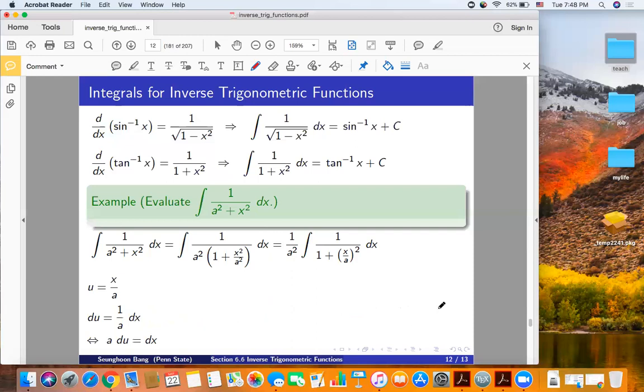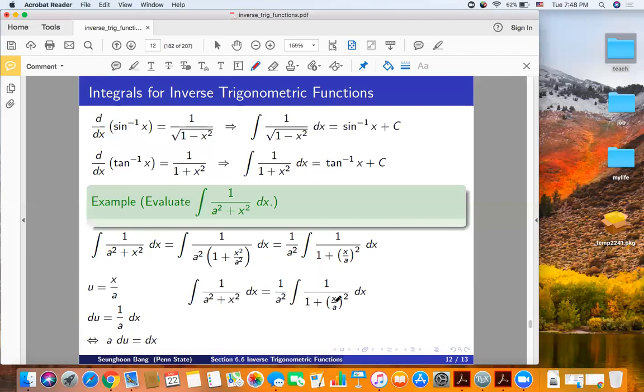Next, multiply both sides by a, and the multiplication cancels, so dx is a du.